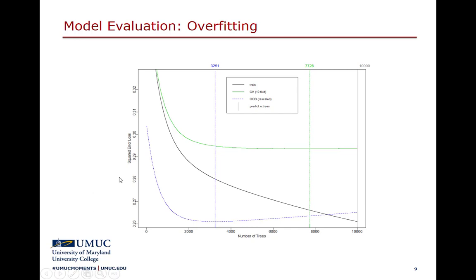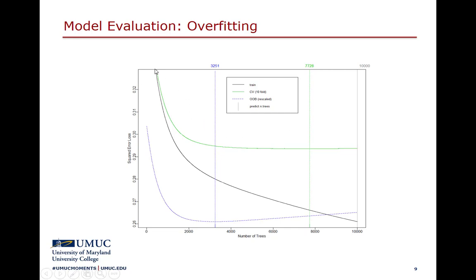The vertical axis is the square loss, a metric that we try to minimize. The horizontal axis is the number of trees being added to the ensemble, so the extent to which the model's complexity is increasing.